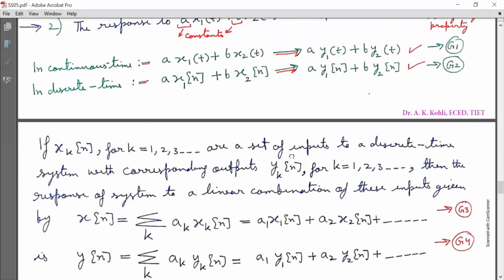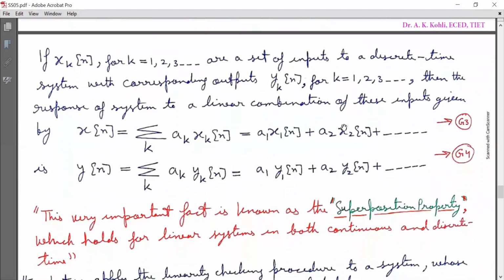If xk[n] for k equal to 1 to 3 are a set of inputs to a discrete time system with corresponding outputs yk[n] for k equal to 1 to 3, then the response of the system to a linear combination of these inputs, given by xn is equal to summation over k of ak xk[n], which is equal to a1 x1n plus a2 x2n plus so on, marked as equation G3.